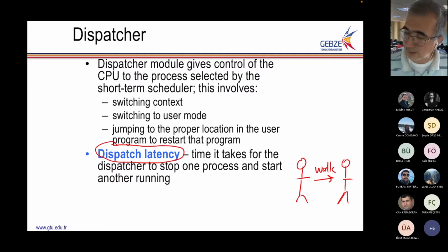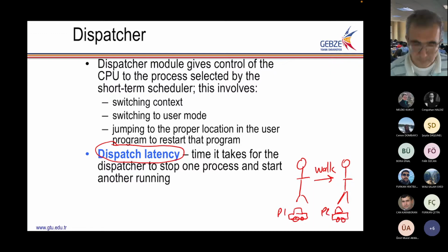The program counter was there, the registers were like that, the wrench was at that place. So that was the last thing I did, so let's start again. So he has to remember certain things, and also he has to move from one car to another car. It takes time, so that is what we call dispatch latency. That's it. This guy is the dispatcher.